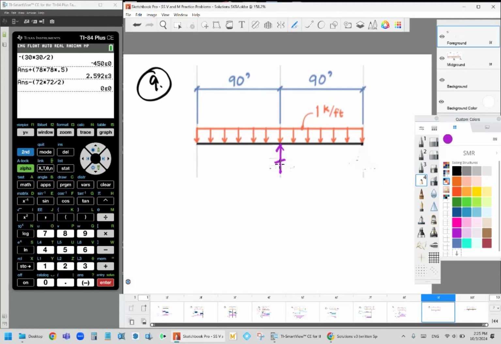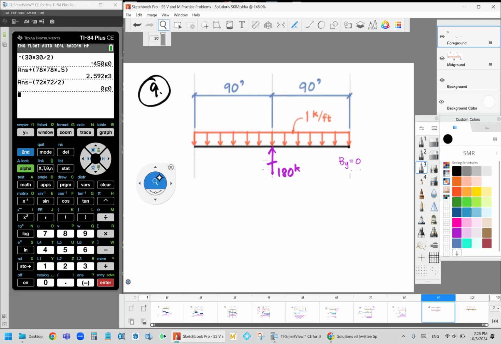So that reaction is actually going to pick up 100% of the load. Maybe I'll call it A sub y. And over here at B sub y, I had some potential to pick up some force, but it's already perfectly balanced. So that reaction is actually going to be 0. That support's not doing anything. So 180 times 1, so I have 180 kips up. And now my reactions are done.